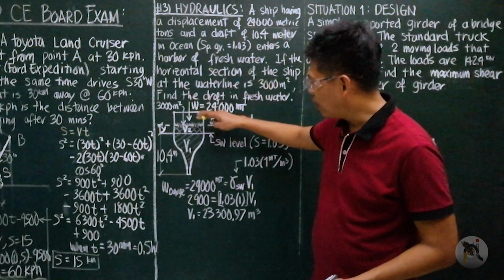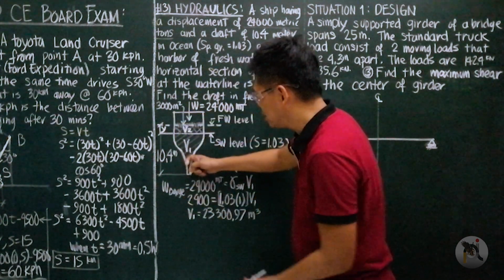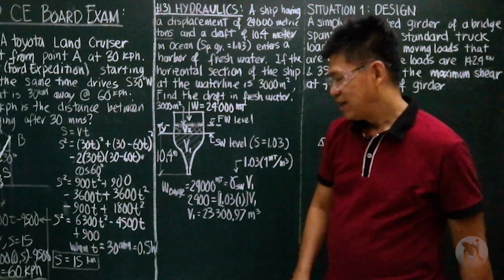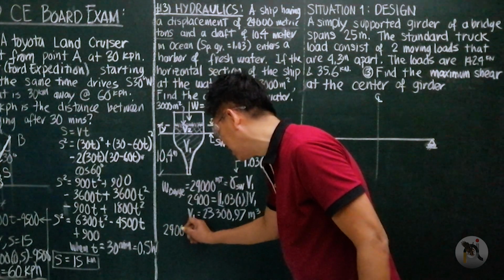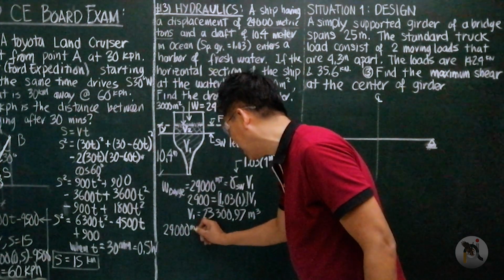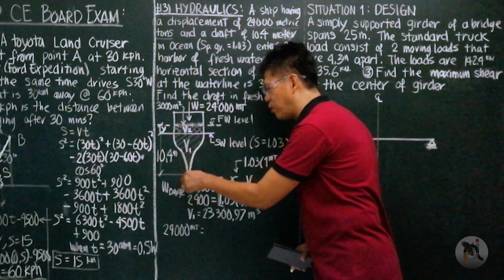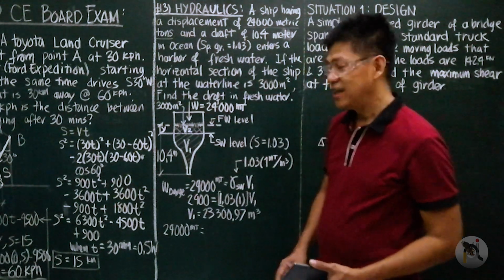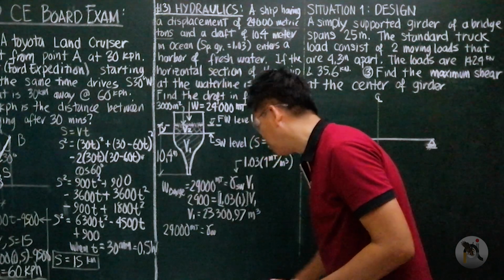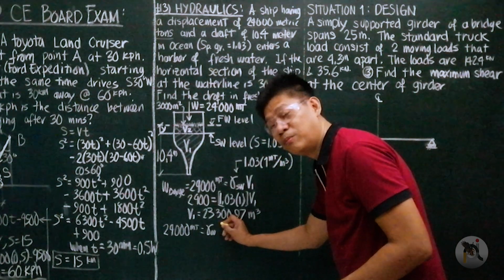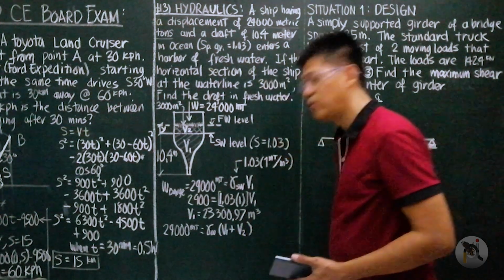Now, this one is now in fresh water, so the total displacement is V1 plus V2, right? So we say that our weight of barge, 2,400 metric tons, is equal to the buoyant force due to fresh water, which is what? It is equal to the density of fresh water multiplied by the volume, which is V1 plus V2.